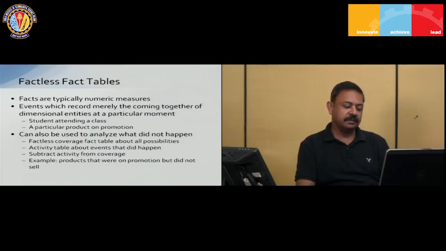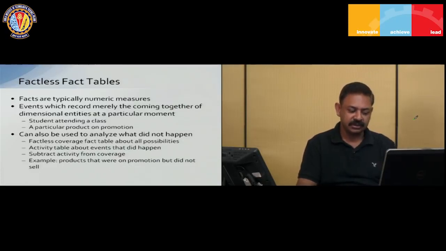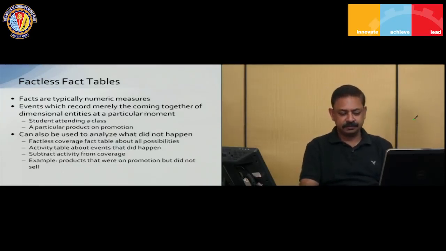So these are events which need to be captured, and factless fact tables can also be used to analyze what did not happen. Typically we have a coverage fact table which talks about all possibilities, and then there is an activity table, for example attendance or sales, about events that did happen.